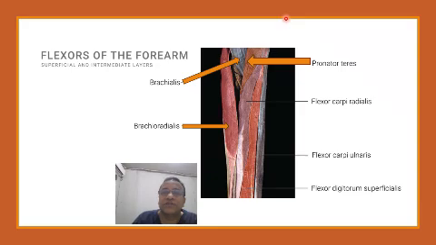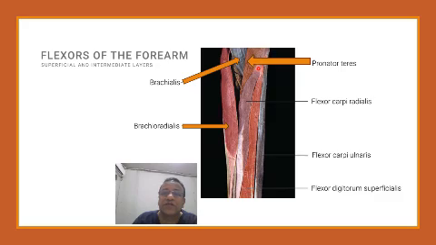This muscle makes the floor of the cubital fossa. So structures of cubital fossa such as bicep tendon, neurovascular structures such as brachial artery and median nerve have been removed in this dissection to enable us to see the brachialis muscle. Now let's go back to the flexor muscles in this compartment.